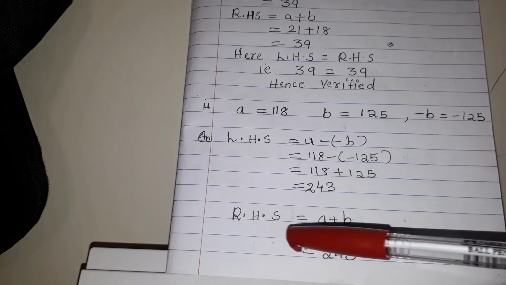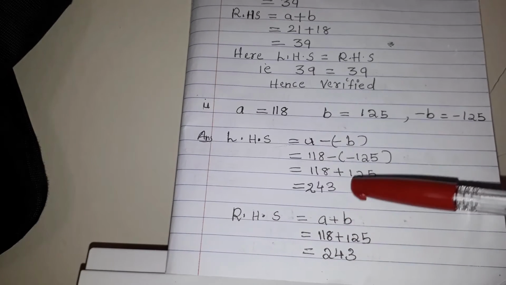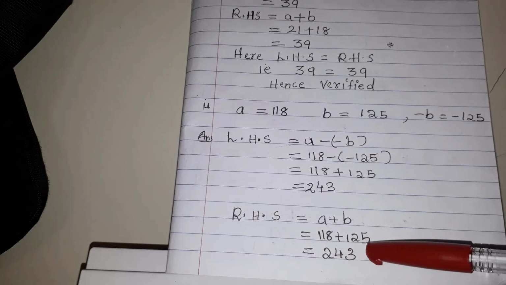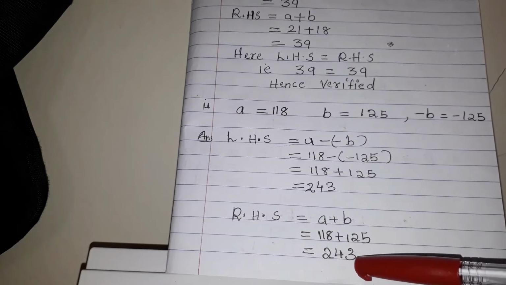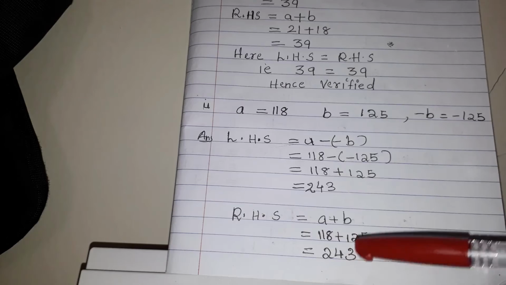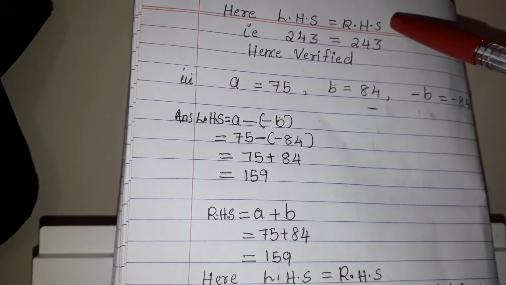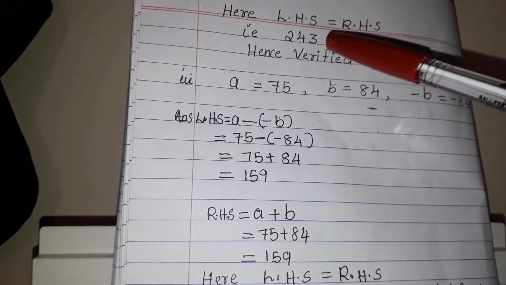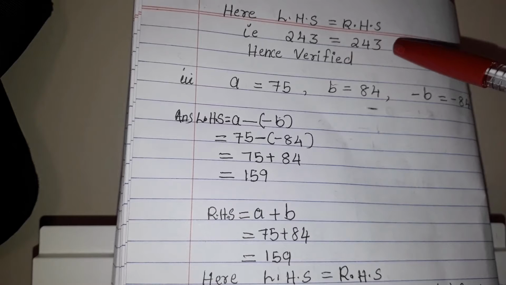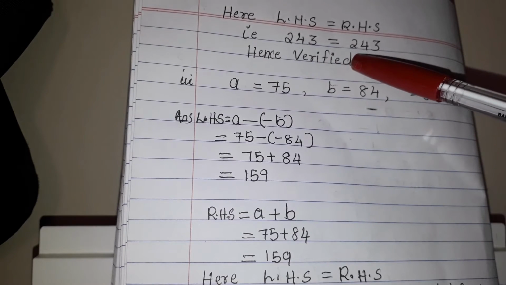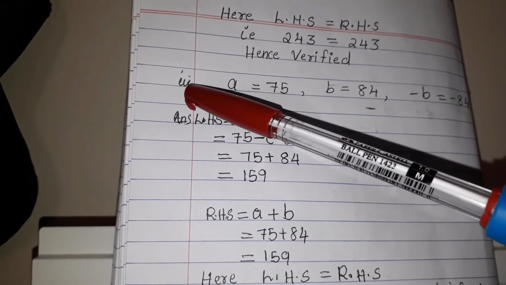RHS is equal to A plus B. So 118 plus 125, which is equal to 243, isn't it? Here LHS is equal to RHS, that is 243 is equal to 243. Hence verified, isn't it?